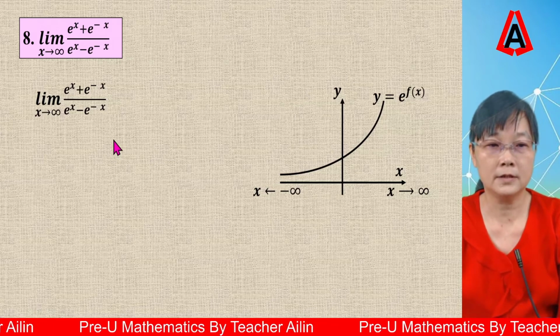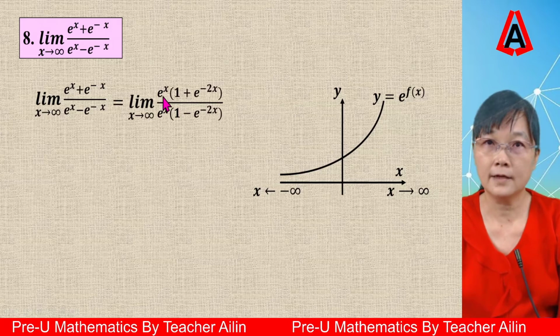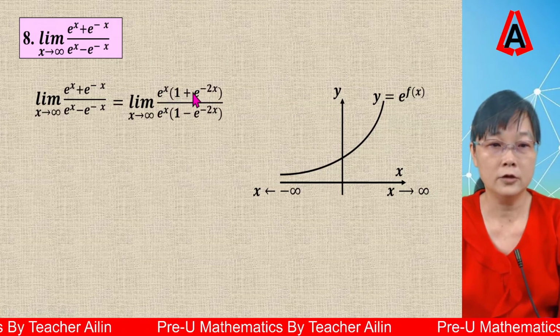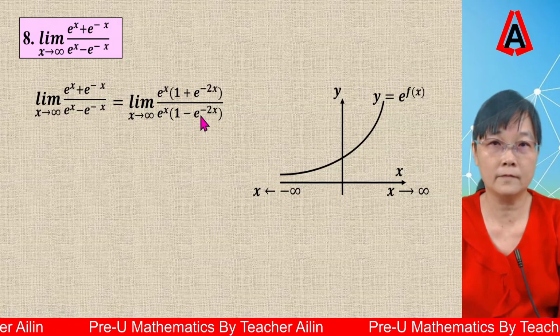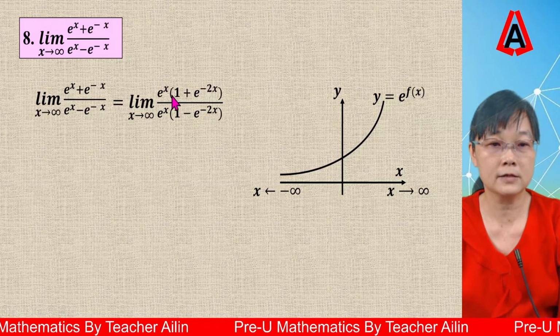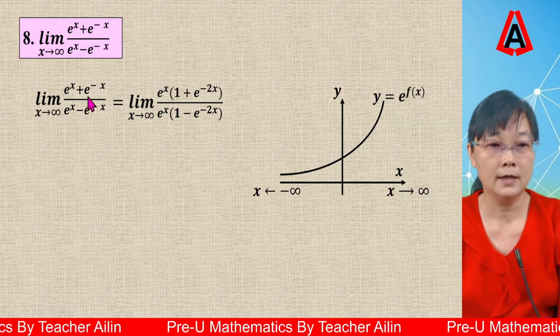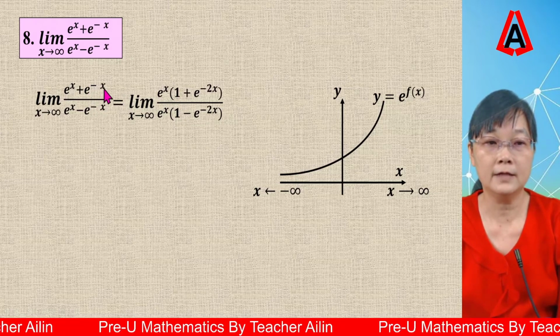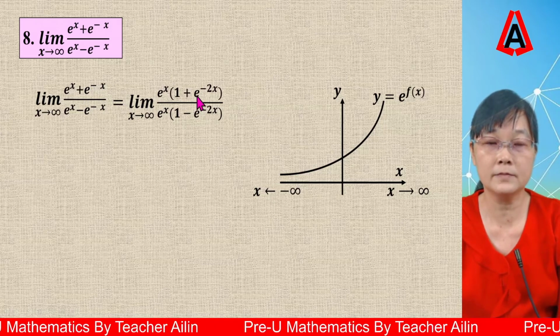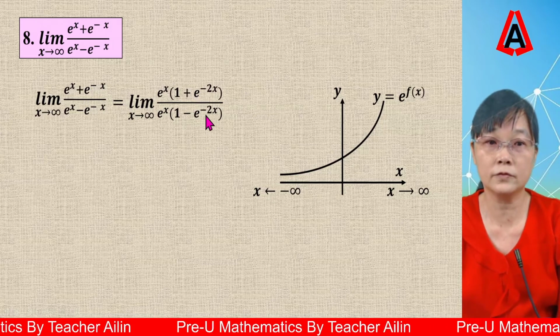First option is I can factorize the e power x from the numerator and also from the denominator. When I take out e power x, here I will get 1. And for e power negative x, when I take out e power x, it becomes e power negative 2x.